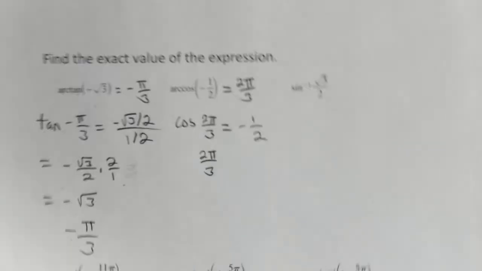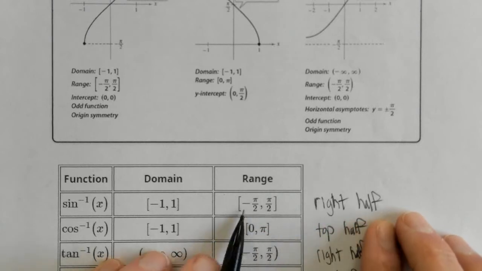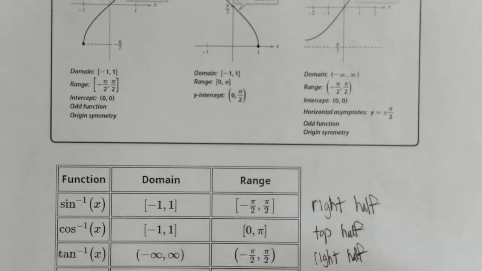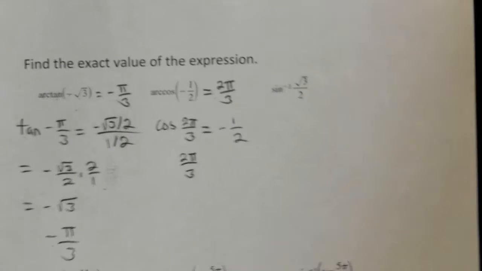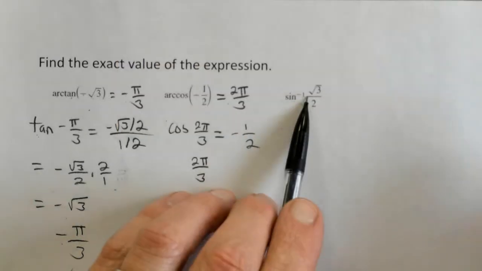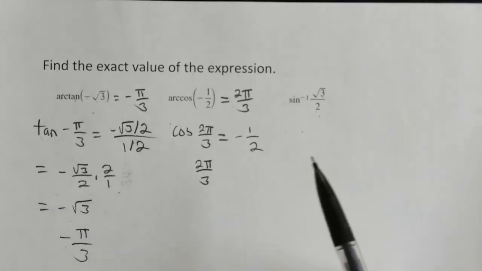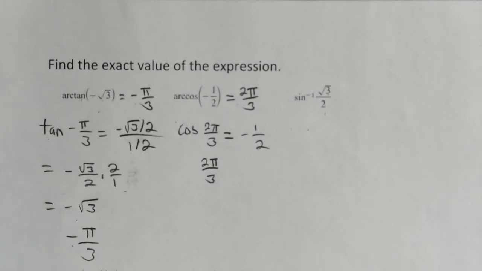Now, remember, start with your range values for inverse sine. Okay, it is the right half of the unit circle that I'm looking for an answer in. And so sine also, pretty simple, I'm just looking at y-coordinates. So I'm trying to find an angle whose y-coordinate is square root of 3 over 2. All right, so I'm looking for an angle on the right half of the unit circle whose y-coordinate is square root of 3 over 2.